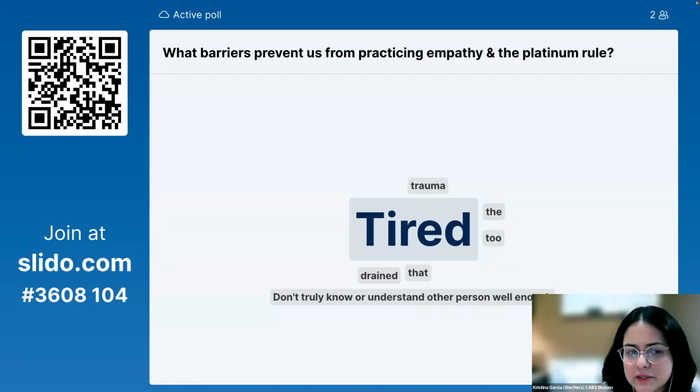The other element too is that when you're truly trying to understand what people need, particularly with the platinum rule, it's also fighting the knee-jerk reaction of, how does that relate to me? And to Manny's point around my own identity, really not viewing things as contradictory, but rather saying, this information may be helpful for me.